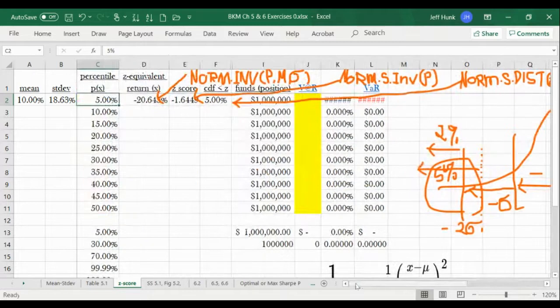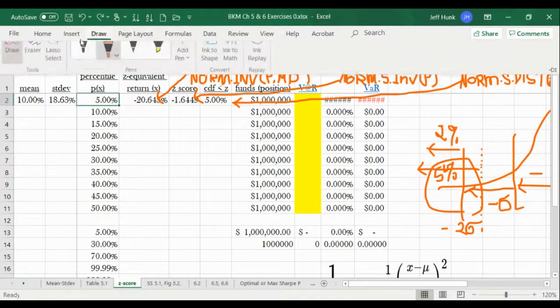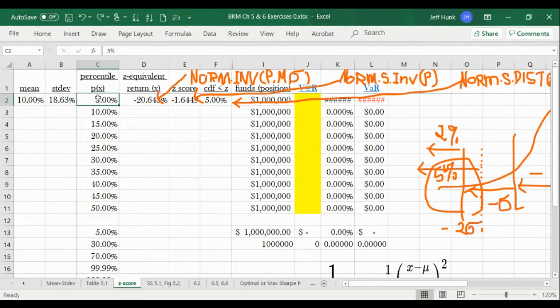That's what it means, right? This percentile simply means, basically, cumulative probabilities. So what this is giving you is its inverse, right? The cumulative probability of the area below this z-score is 5%. That's what it means.